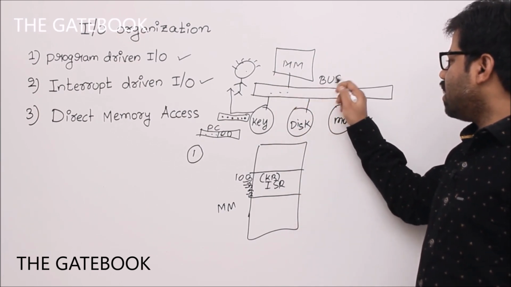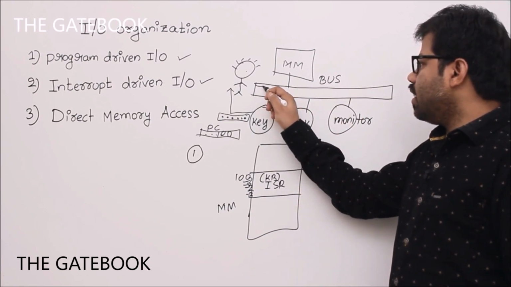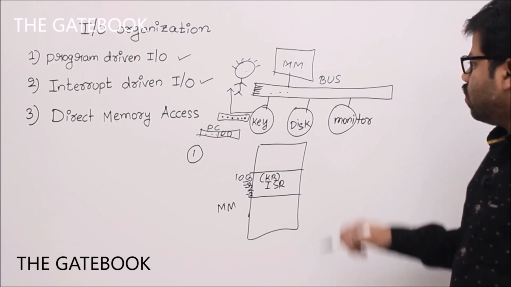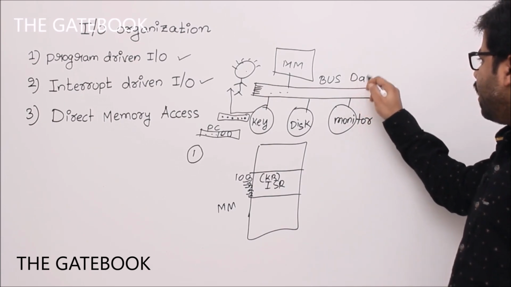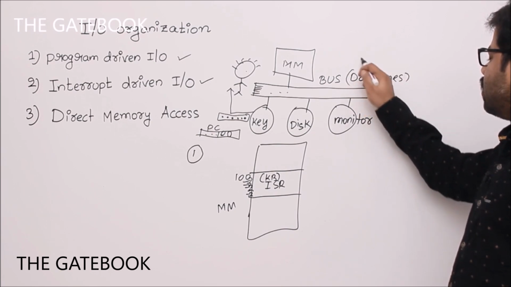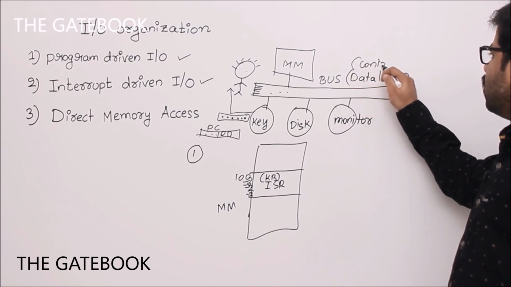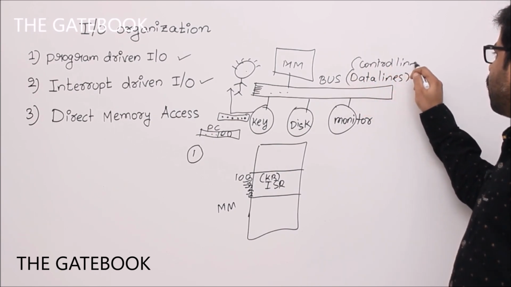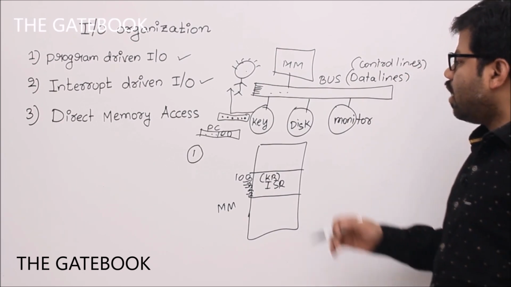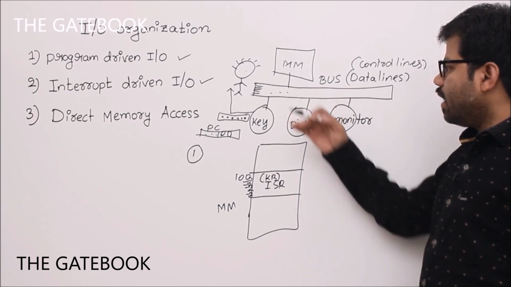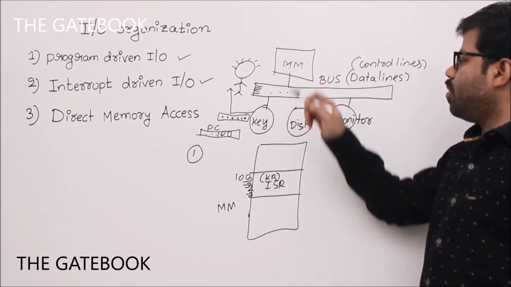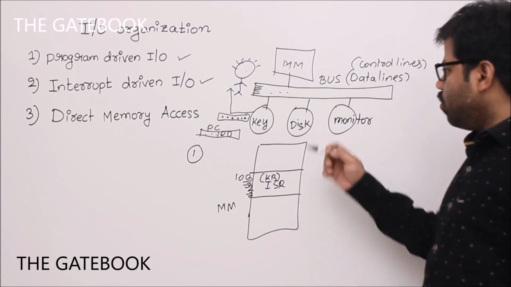This bus is nothing but a set of lines through which you can send the data. The bus will have data lines, which carry your data. Second, control lines, used for deciding the direction, data transfer from main memory to keyboard or keyboard to main memory, and other things, such as whether the keyboard is ready or not.